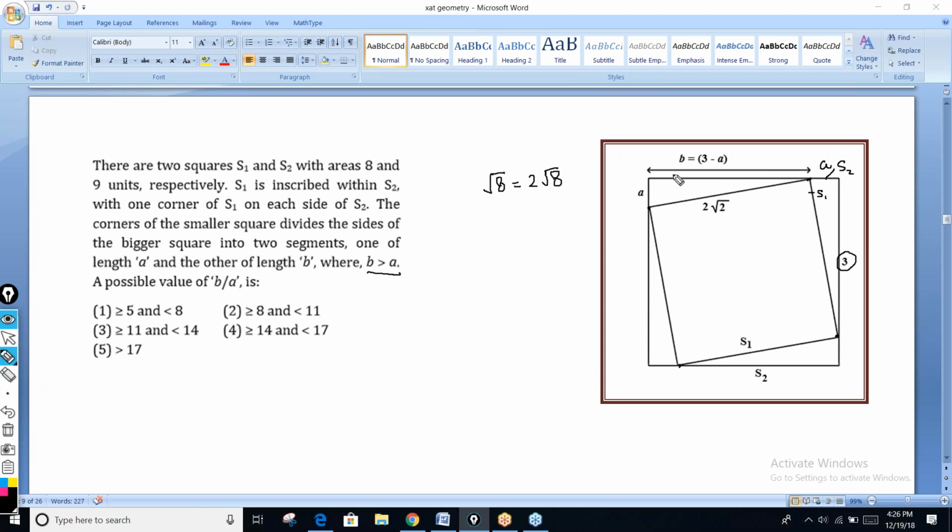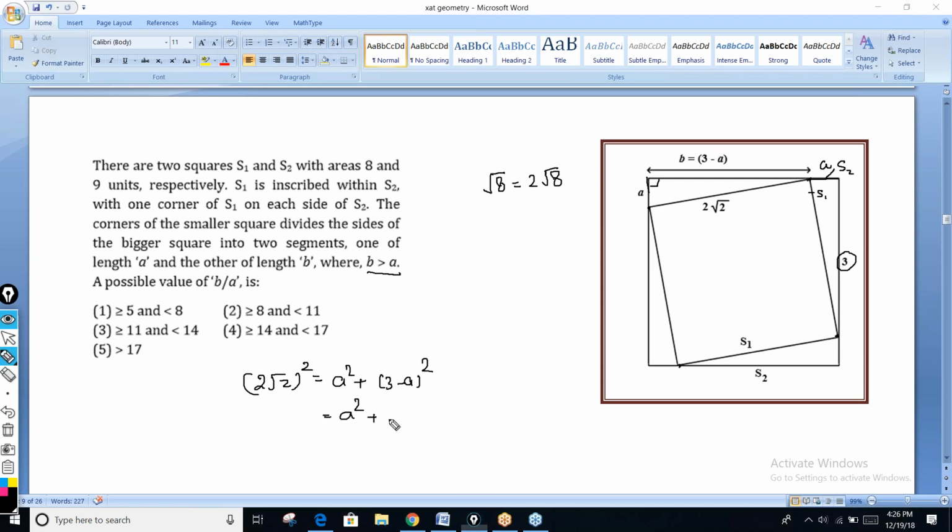So you can apply the Pythagoras theorem in this triangle. That is A, because it will be in symmetry. So this is A, this is 3 minus A and this is 2 root 2. So I can say that 2 root 2 whole square is equivalent to A square plus 3 minus A whole square.